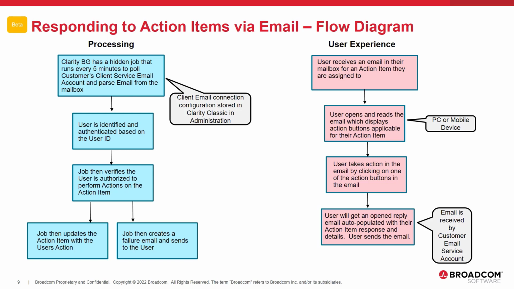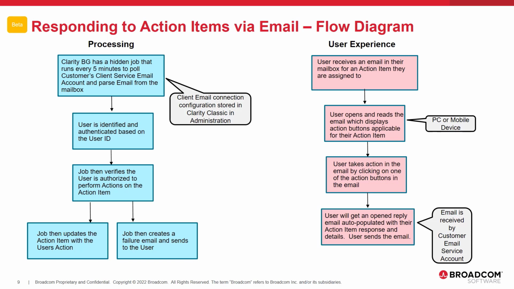As the assignees begin to respond to these emails, what will happen is the Clarity BG, we have a hidden job that'll run every 5 minutes on the back end, and it will pull the customer's client email service and parse the email from the service mailbox that was configured. Each assignee's response is authenticated by looking at their email address in Clarity as well as the user.